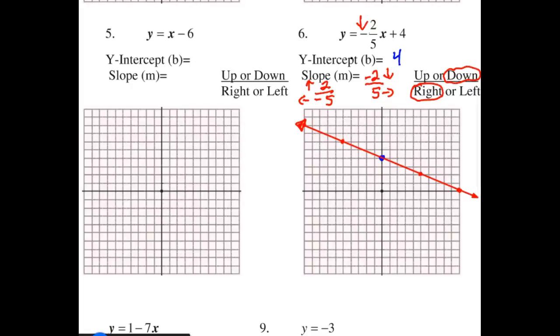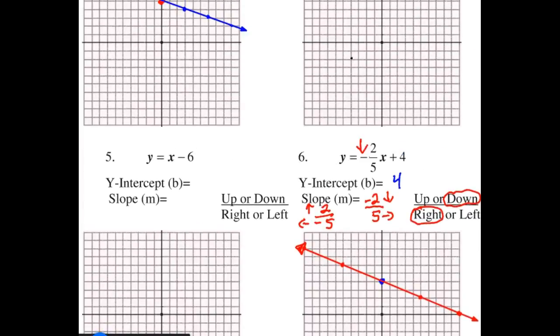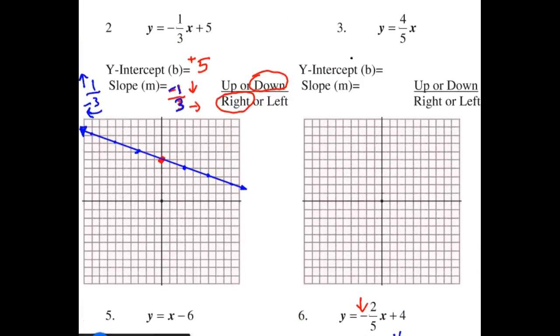Okay, so let's go back up to 3. We kind of touched on this yesterday that, well, we have a slope of 4/5, but what's the y-intercept if it's not there? Yeah, it's 0. So if the y-intercept is not given to you, you have to infer it to be 0.